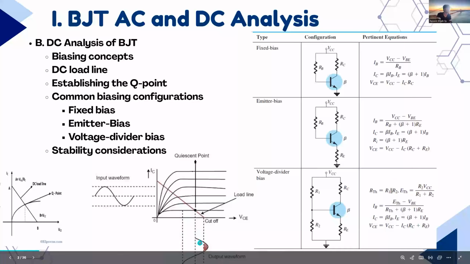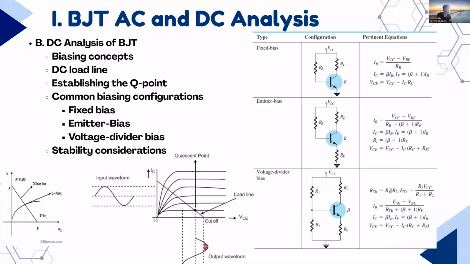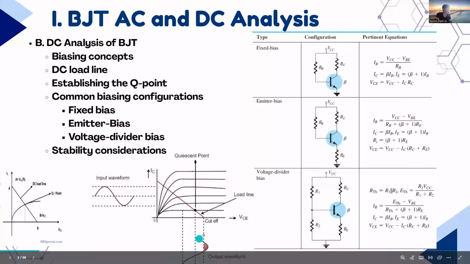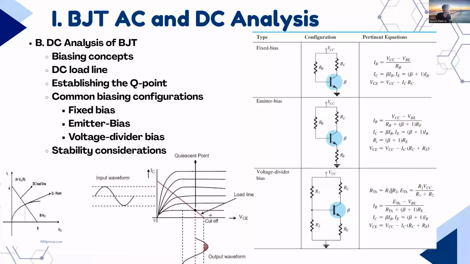Okay. So for the amplification mode of a BJT, we will talk about the common biasing configurations. There are three primary circuit topologies used to establish this bias point. First is the fixed bias. What is the fixed bias?